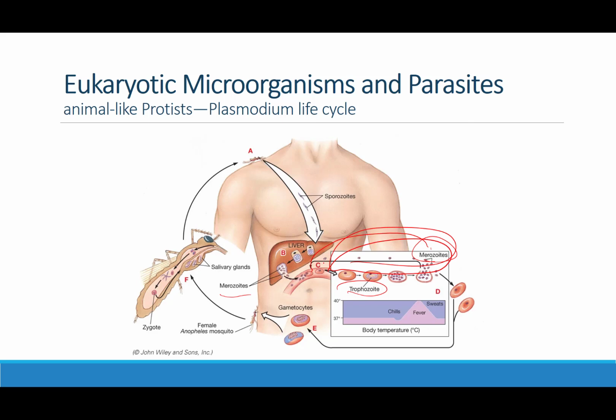And you have this round of fever and chills, and some of them then produce these structures called gametocytes, cells that act as gametes. Those, when a mosquito bites you, the mosquito now has them inside the body. They are fertilized and they form a zygote, which then makes its way to the salivary glands again, and you're ready to get more sporozoites being delivered to the next human host.